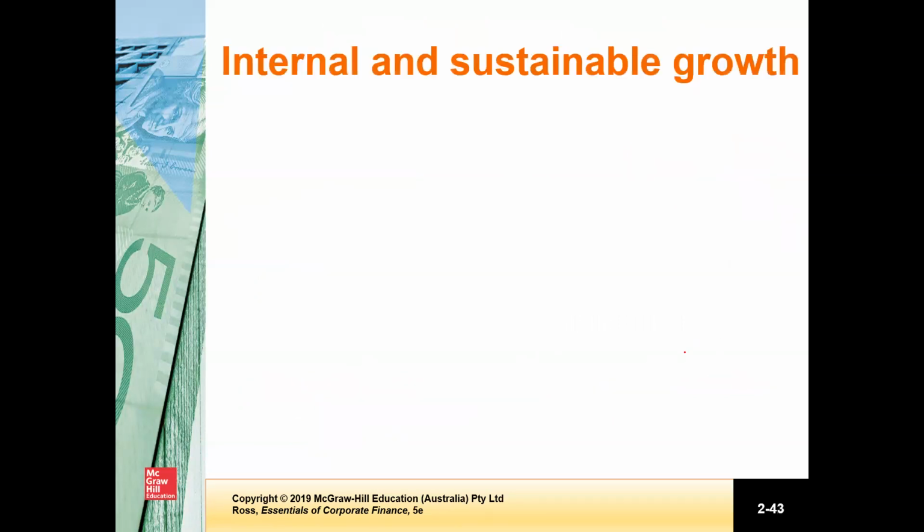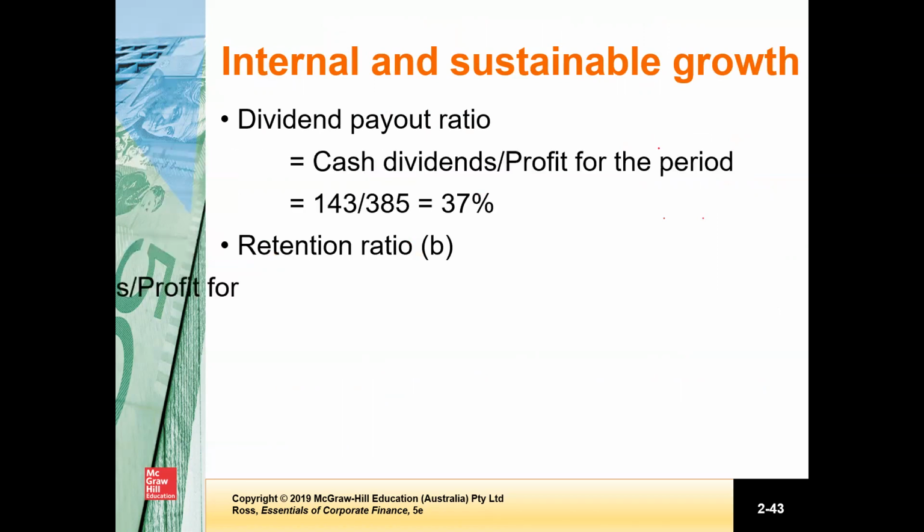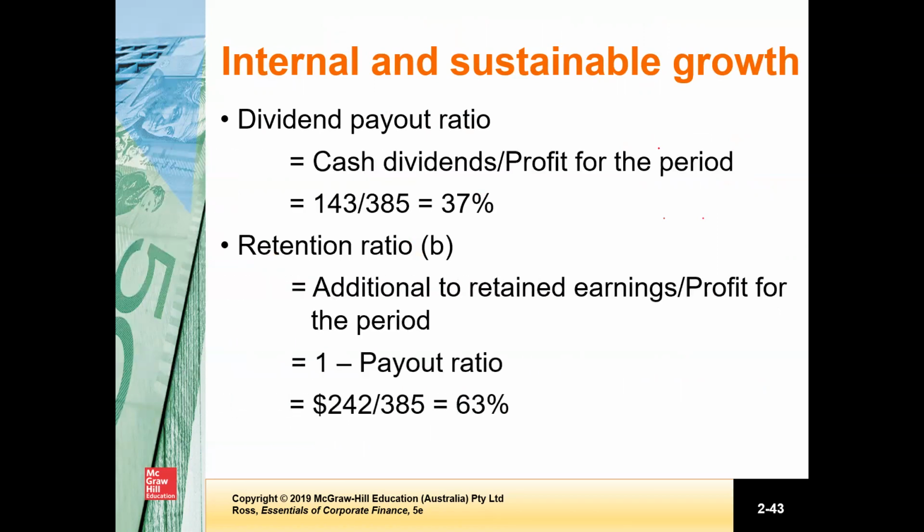Okay, so let's move to the next one, internal and sustainable growth. Look, a firm's return on assets and return on equity are frequently used to calculate two additional numbers, both of which have to do with a firm's ability to grow.